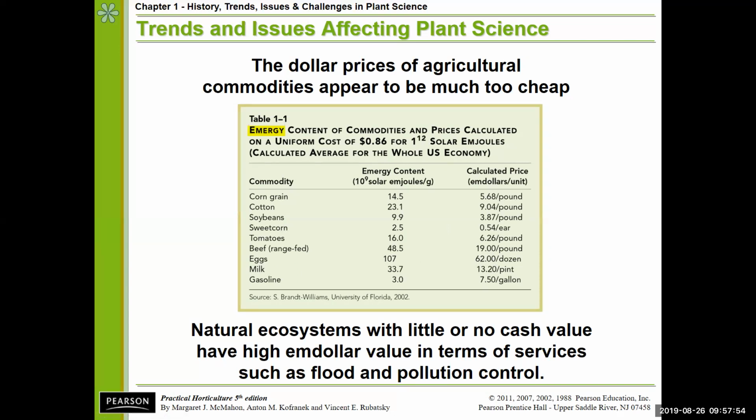The embedded energy takes into account the tools used to produce it, any kind of enclosures. Let's say we're looking at greenhouse tomatoes. The embedded energy is the cost of the fuel to heat the greenhouse, the cost of the trellising to support the tomatoes, the cost of moving that crop from the greenhouse to the market, and so on and so forth.